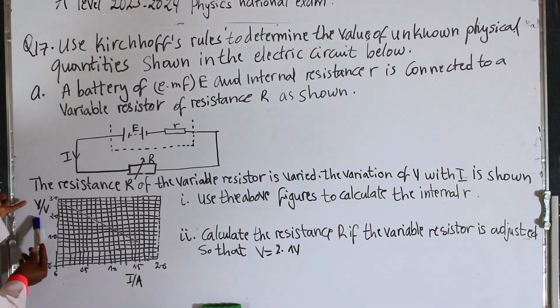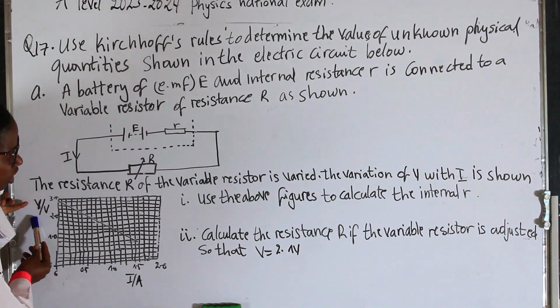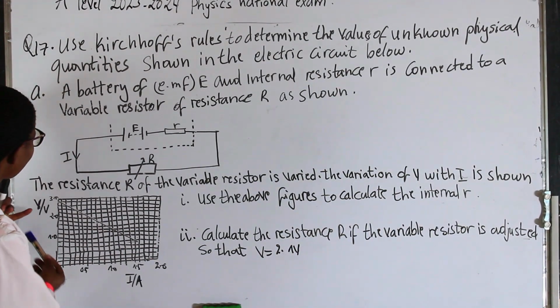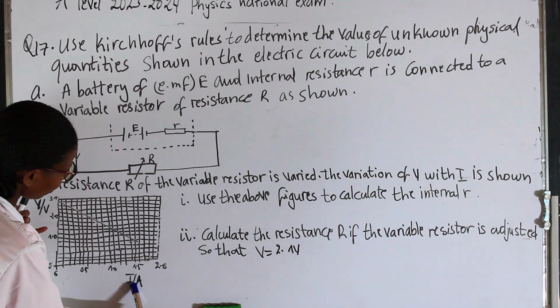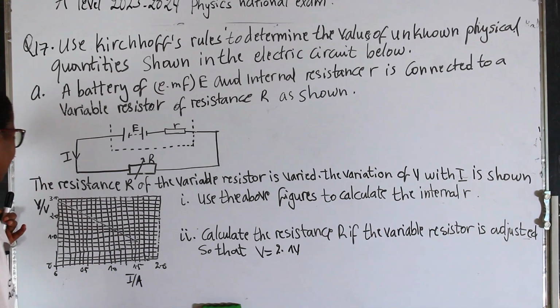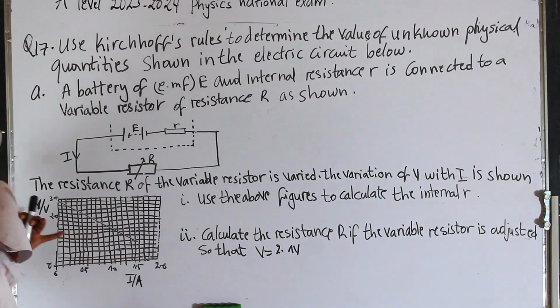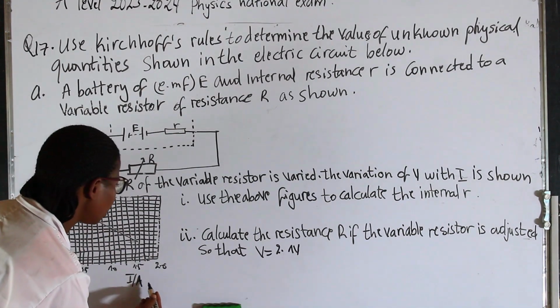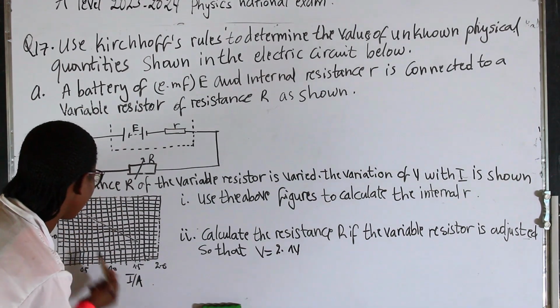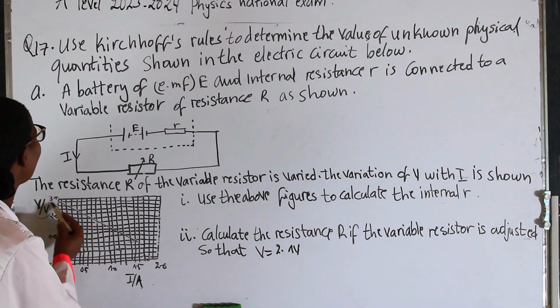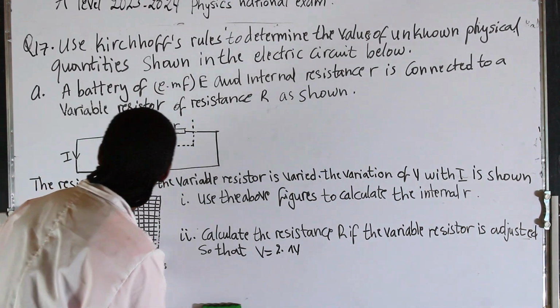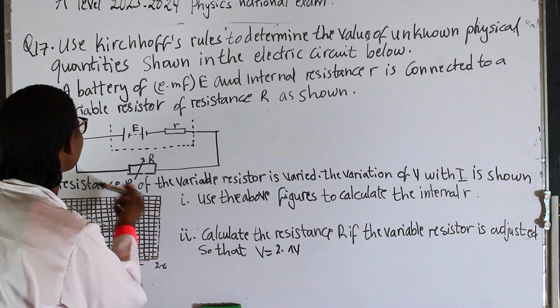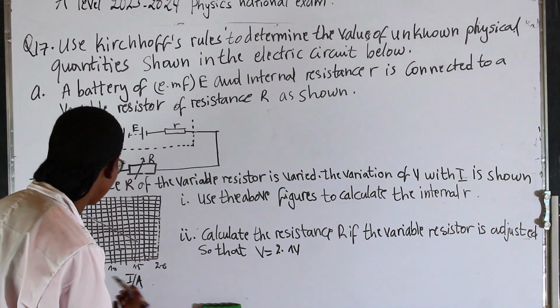This is the graph of V and the current, the variation of V with the current. This is the electromotive force. This is the potential.